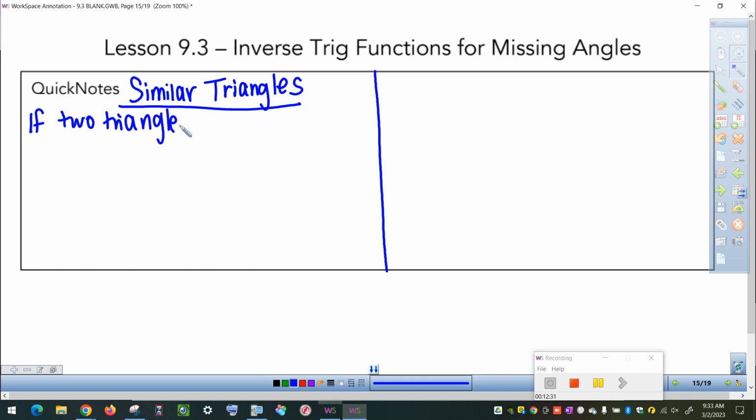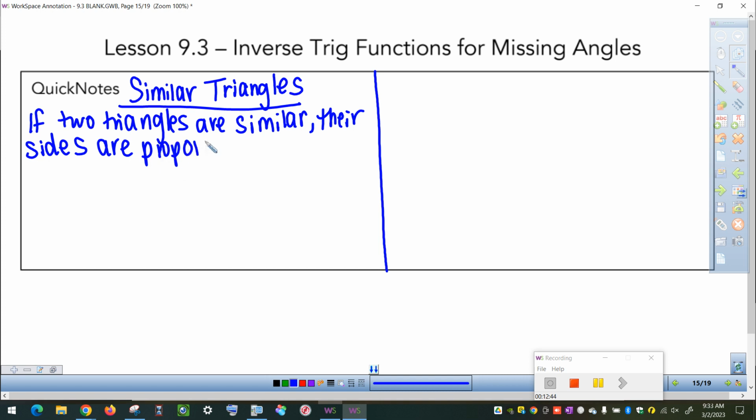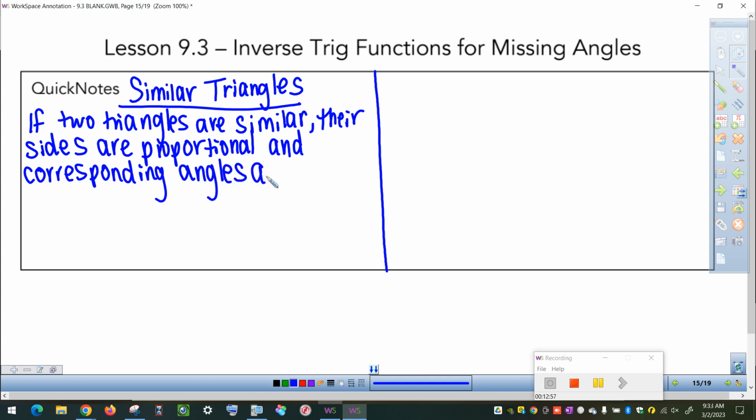If two triangles are similar, their sides are proportional, and the corresponding angles are the same. Corresponding angles means the angle that is labeled in the same relative position between the two triangles.